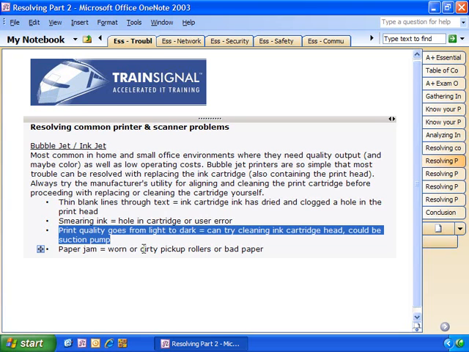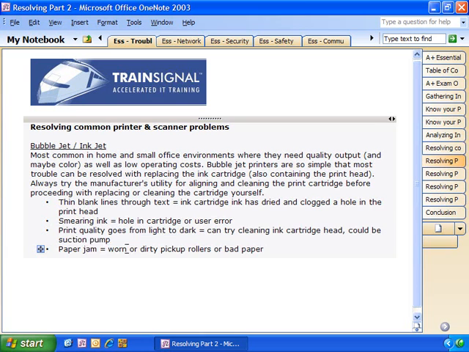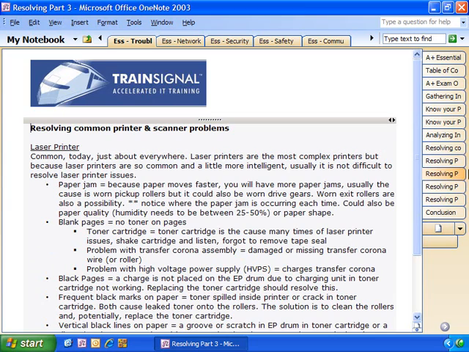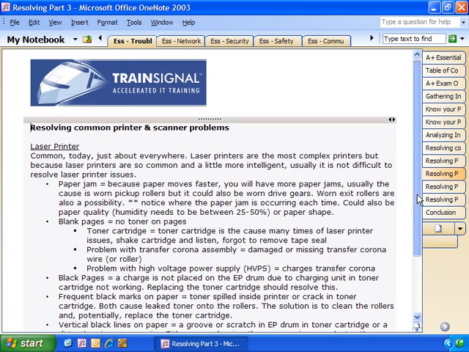You can always try cleaning the ink cartridge head, or it could be the suction pump on the printer. There's paper jams. You could have a worn or dirty pickup roller or rollers that need to be replaced, or just bad paper, paper that wasn't meant for your printer, and the pickup rollers are having a hard time moving it through the printer.